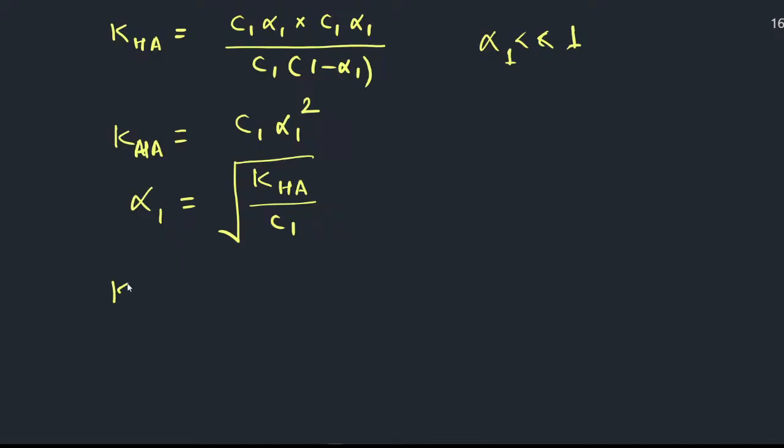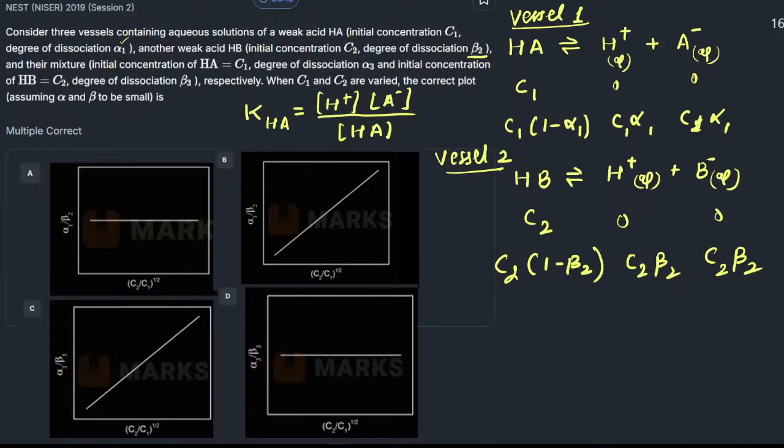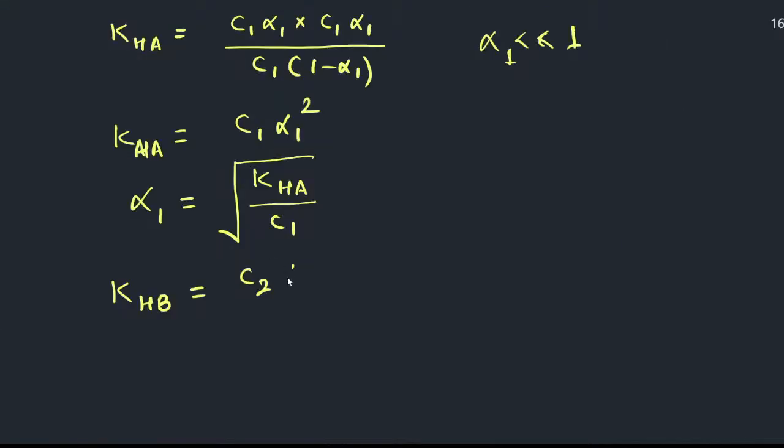Now KHB is equal to C2 beta 2 into C2 beta 2 divided by again C2 (1 minus beta 2).